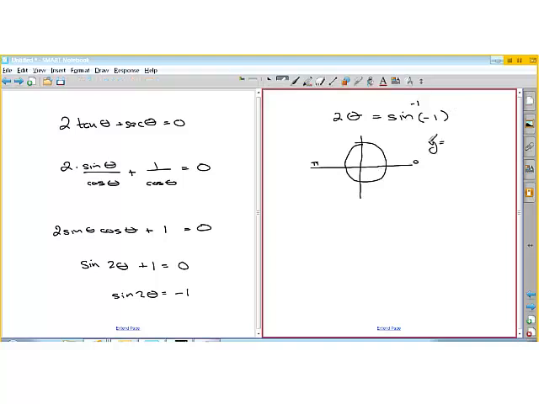Well, we know that y is equal to the sine of theta, and x is equal to the cosine of theta. So this is a unit circle.